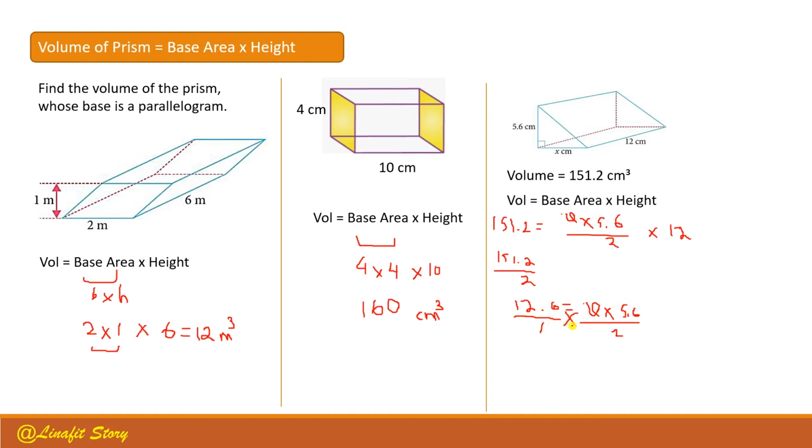Then cross multiplying, 2 times 12.6 times 1 is equal to 25.2. And then 1 times x times 5.6 is equal to x times 5.6. So to get x is 25.2 divided by 5.6 is equal to 4.5 cm.